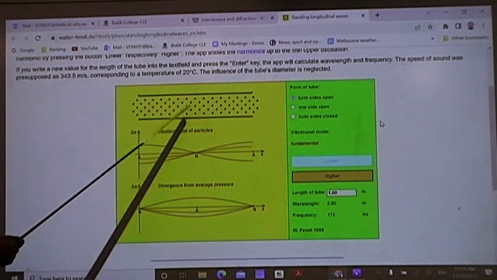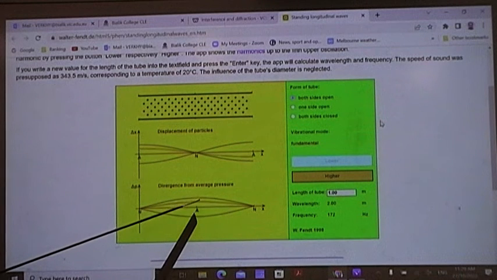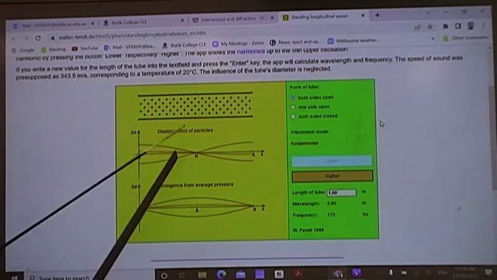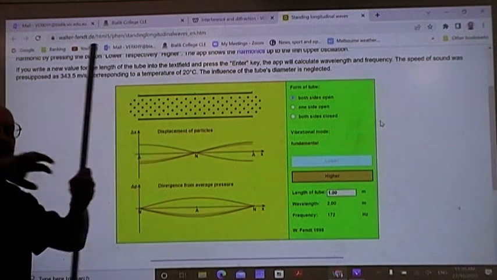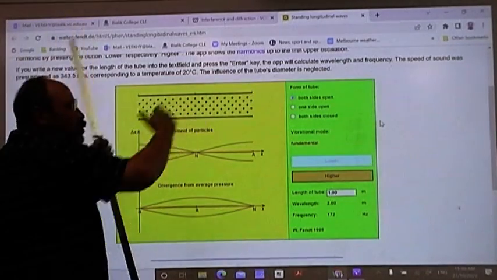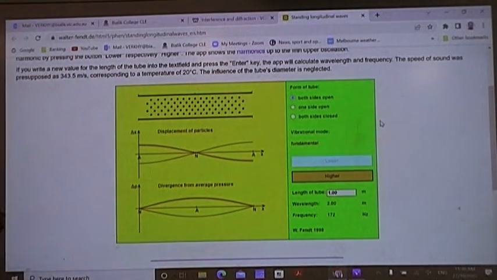In the middle, the changes of pressure are the biggest. It either becomes bigger than atmosphere and pushes particles aside, and then atmosphere pressure pushes them back. That's how the waves affect the particles.